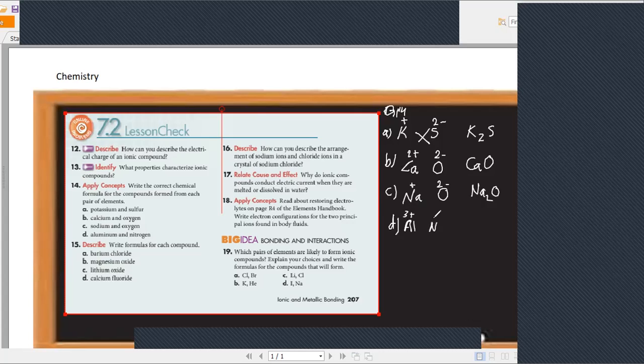It cancels out, so it's going to be Al and N, AlN. This is for question 14. Write the answer in your notebook, please, as fast as you can.